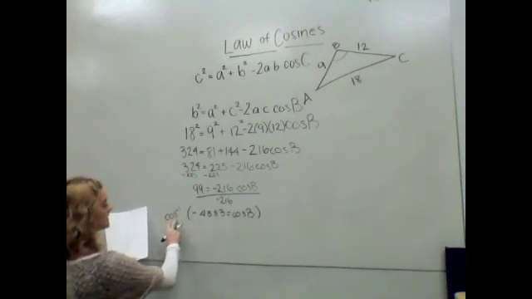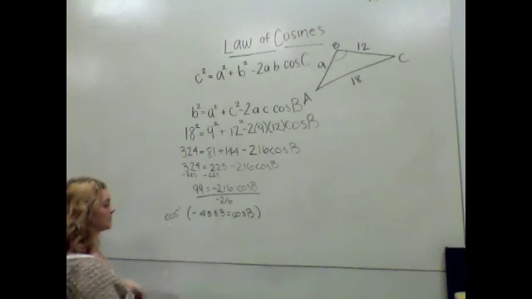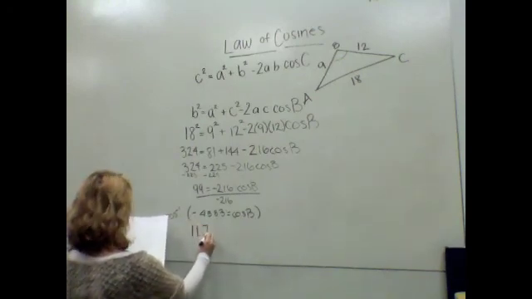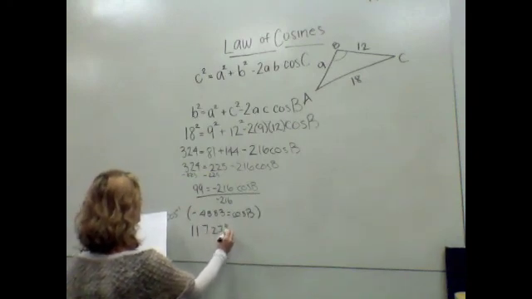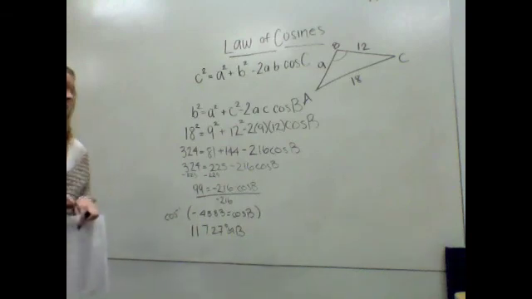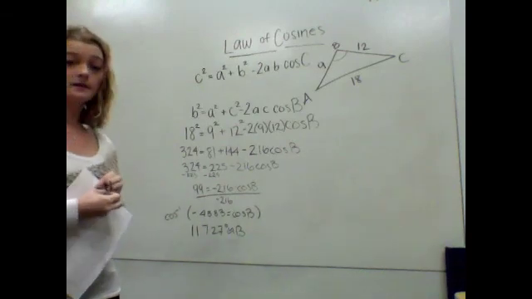And cosine inverse of this value, negative 0.4583, that gets you 117.27 degrees approximately for your angle B. Now that's all we are asking for. This question only asks for you to solve for the largest angle, and there it was.